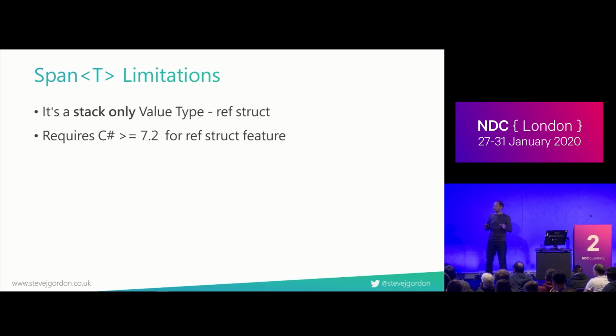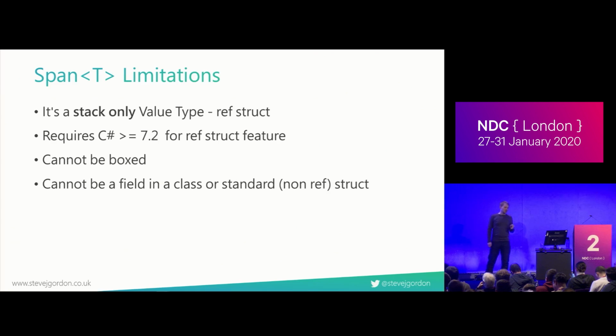And so because it's built in to the Span<T> feature, we're offered this memory safety, this guarantee that we can only ever use it in the right context with the memory that we're pointing at. Because of that, it can't be boxed. That makes sense. We're not going to be able to put this onto the heap. The big changes that might introduce is that you're quite often tempted to add this as a field in a class or something, but because that's then a part of a class on the heap, we're running into the same issue.